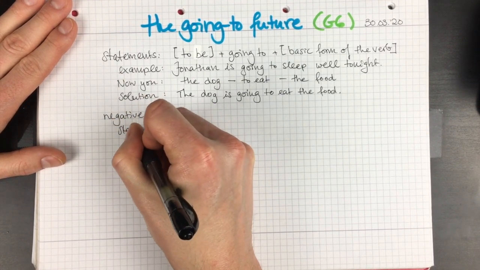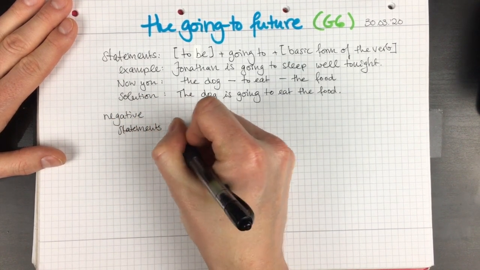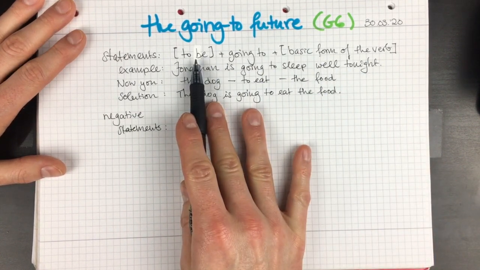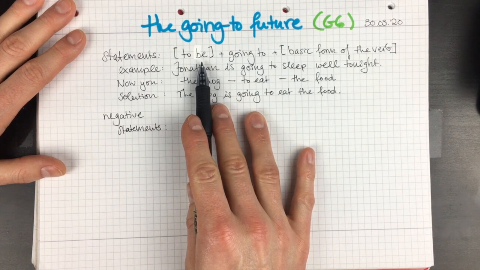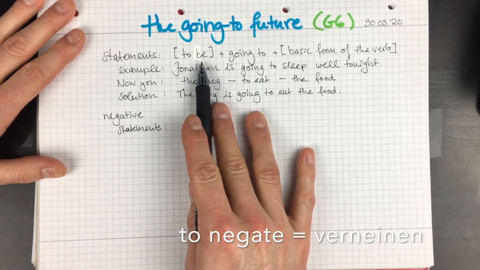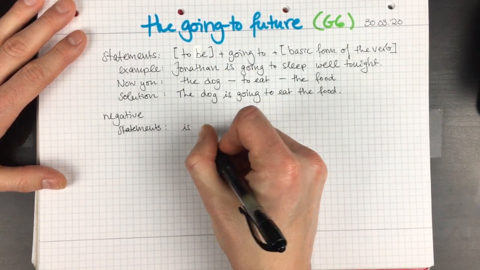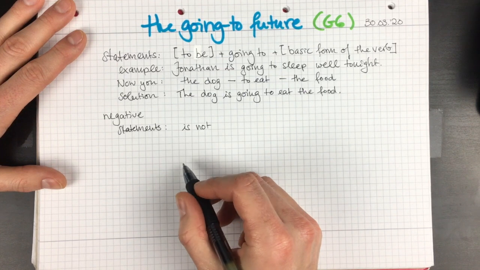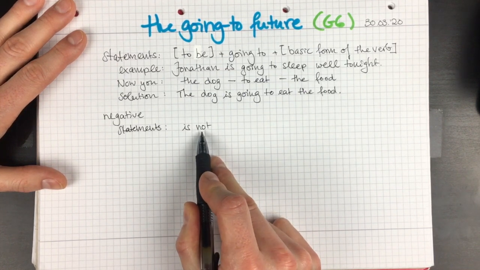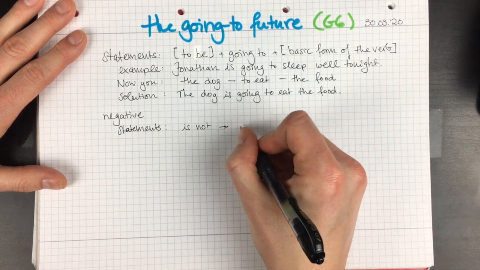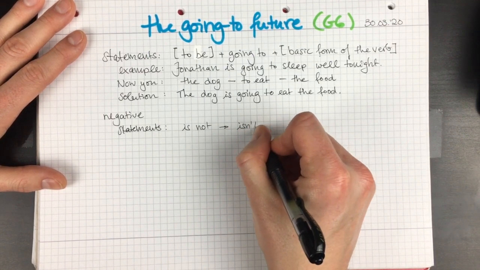So when we say that something is not going to happen, we need the same basic structure, and we have to change to be to the negative form. So we negate to be. And just to remind you, there are various ways to negate to be. Is is followed by not, and you can form the short form, the contraction.